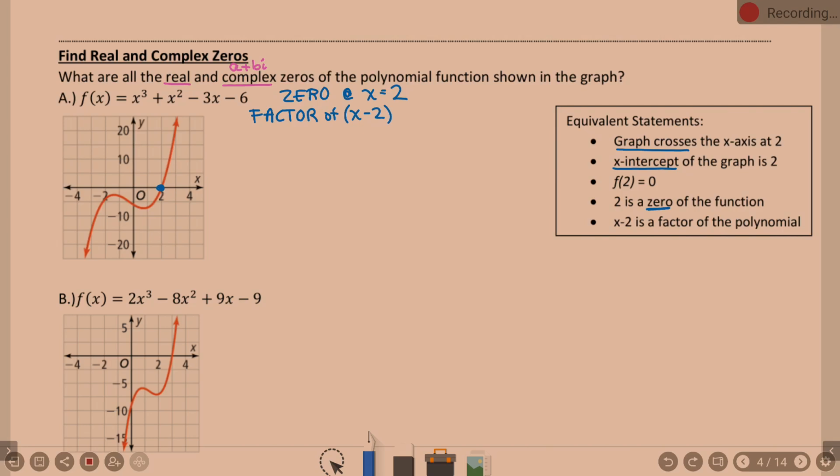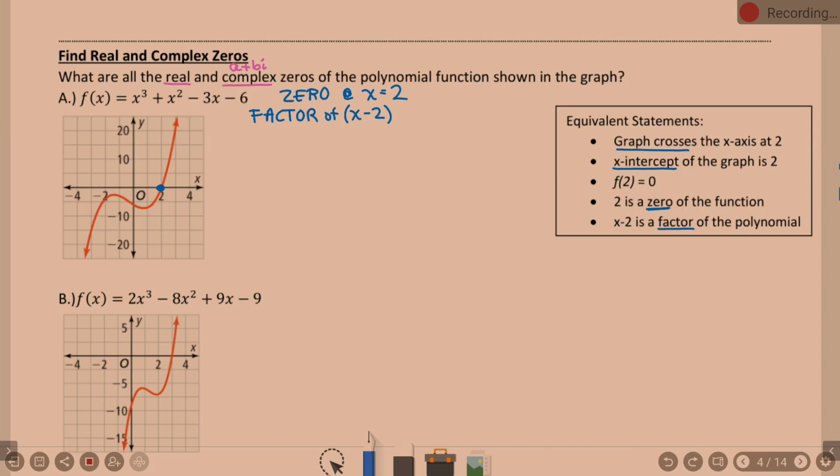We can call it a zero. The statement that could be made is f of 2 equals 0. So when we plug 2 into the equation, you're going to get 0 out. That's the ordered pair (2, 0). And then the last one is that x minus 2, so if it's 2, x minus 2 is a factor. Okay? I use a lot of that vocabulary, and I use it kind of not necessarily interchangeably, but all connected. So you need to be familiar with all that vocabulary there.